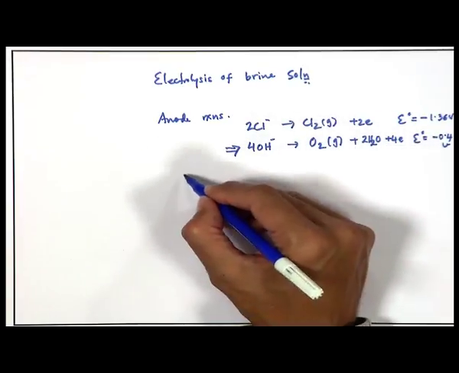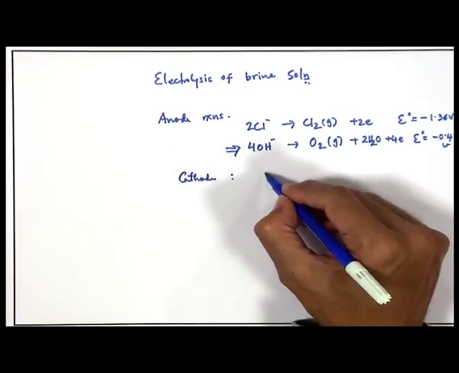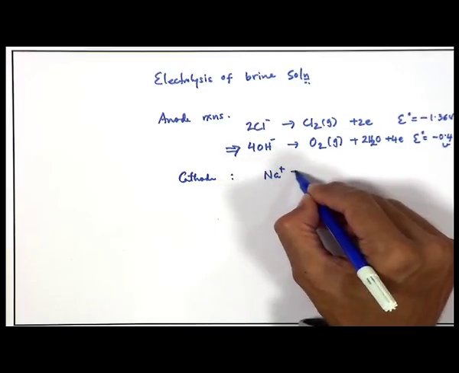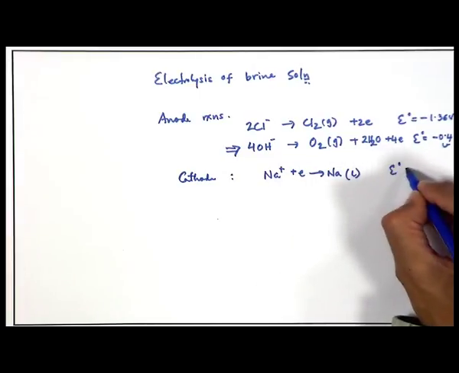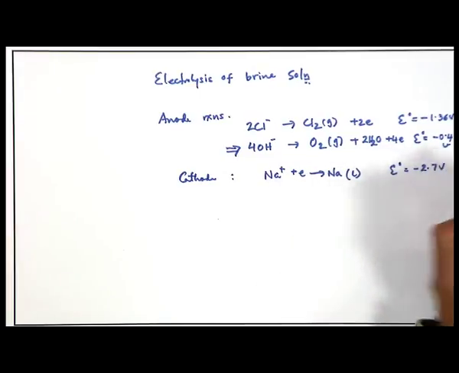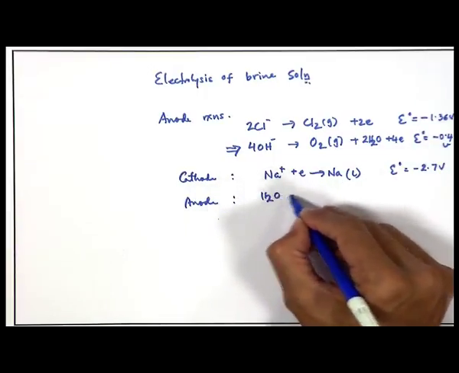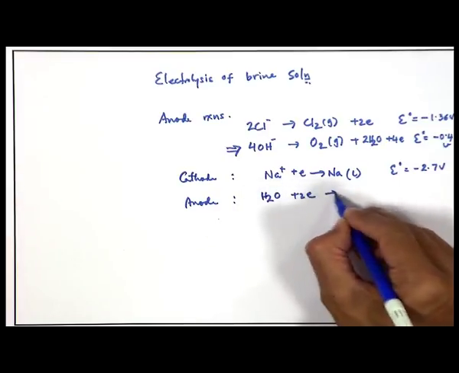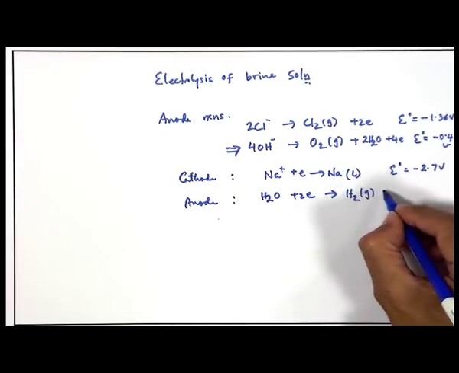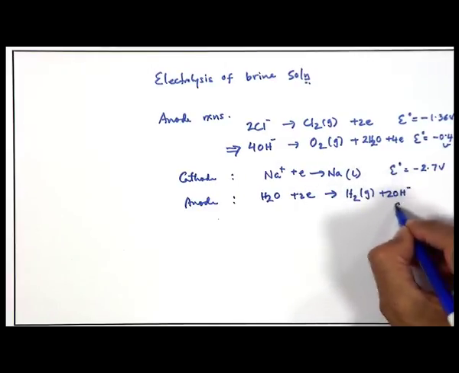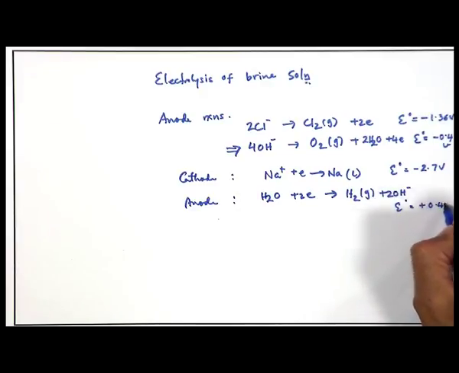And for the cathode reaction, it is again two reactions: Na plus electron gives Na liquid, with E naught equal to minus 2.7 volt, and water plus 2 electrons gives H2 gas plus 2 OH minus, where E naught is plus 0.41 volt.